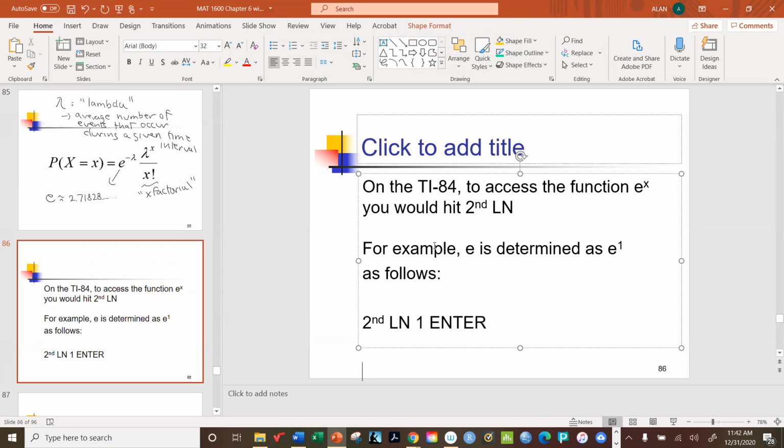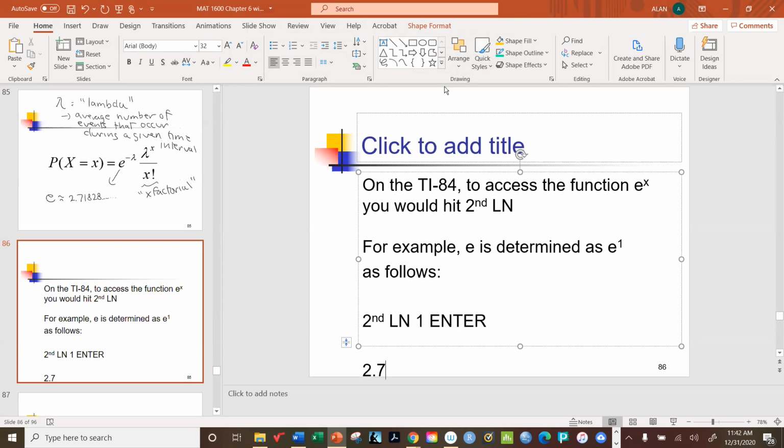And this would give you 2.71828, et cetera, et cetera.